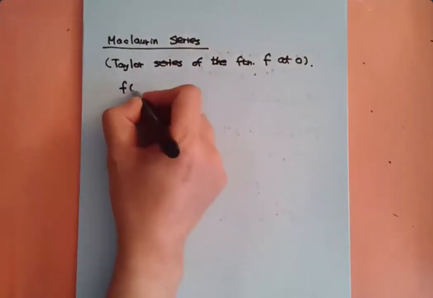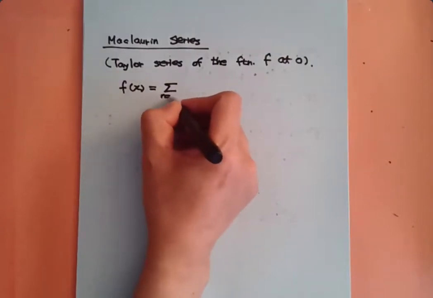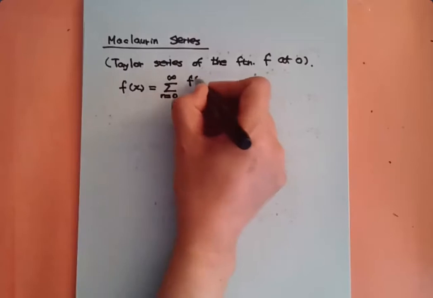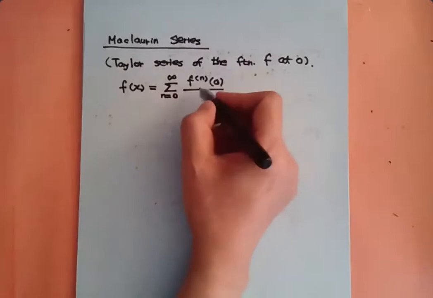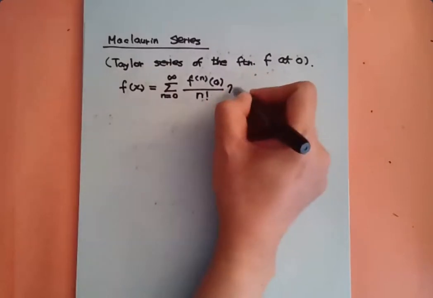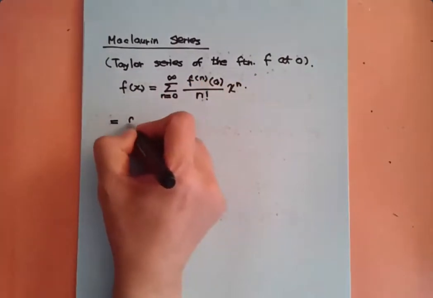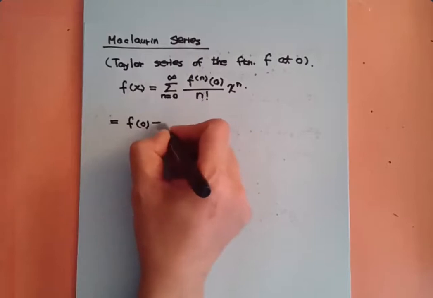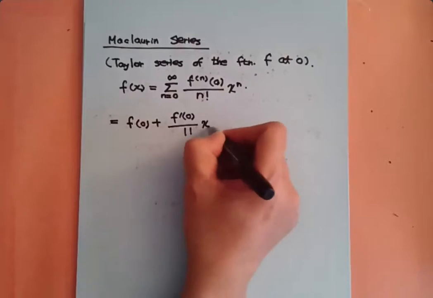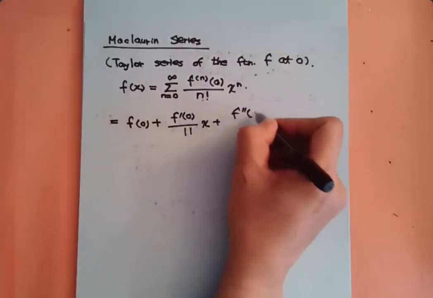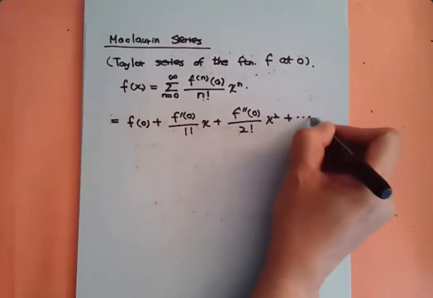So when we follow the same formulation, that becomes f of x equals the sum from n equals 0 to infinity of the nth derivative of f at 0 over n factorial times x to the n power. So when we expand this out, it becomes f of 0 plus f prime of 0 over 1 factorial x plus f double prime of 0 over 2 factorial x squared, and so on.